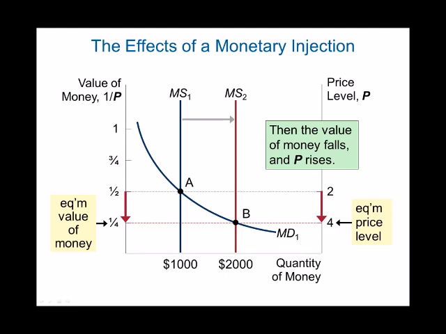If sellers think people have more money to spend, they're going to start charging a higher price. So prices go up, and of course the value of money goes down. As we see, if money supply goes up, the value of money falls, and the general price level goes up.